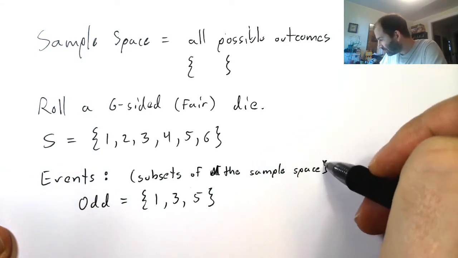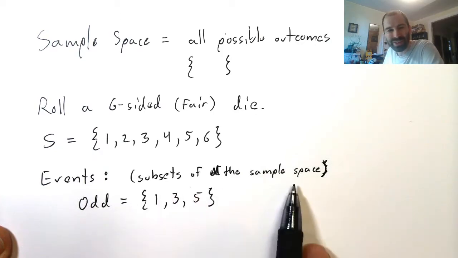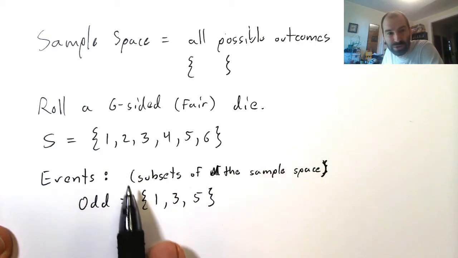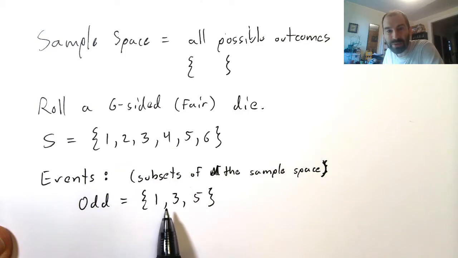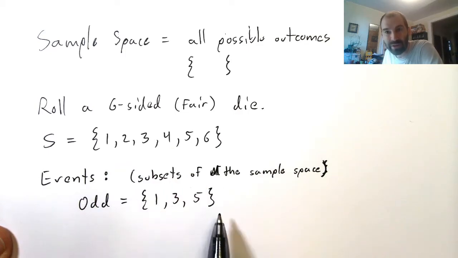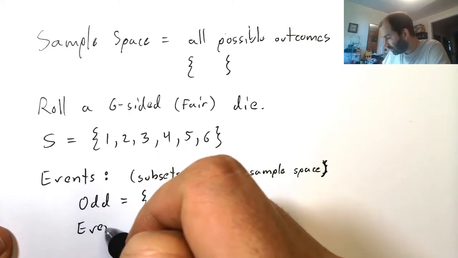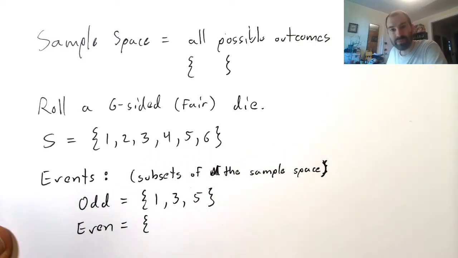So to write down an event, you're always going to choose values from the sample space to write down your event. Okay? What if it was even? Well, that would be the numbers 2, 4, or 6.